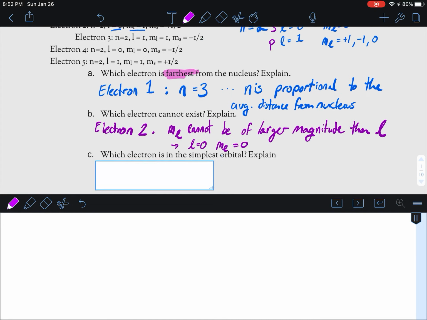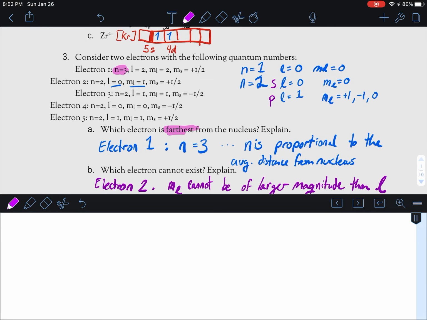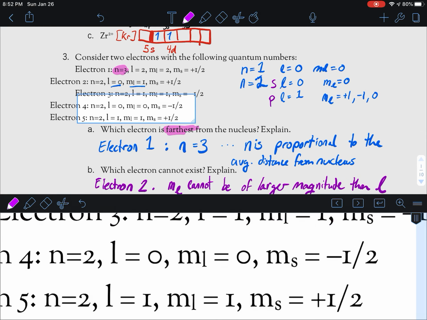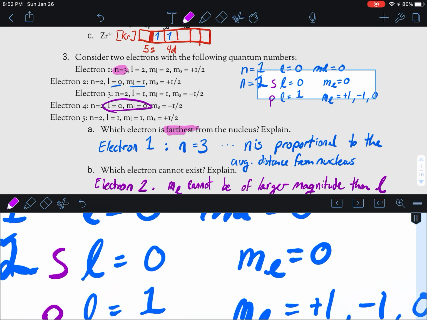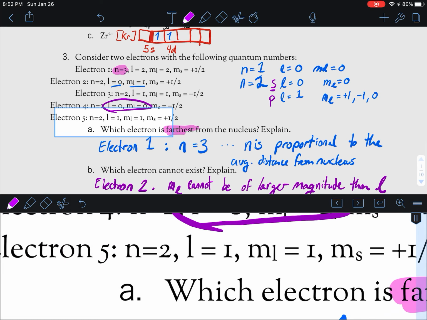Which electron is in the simplest orbital? So simple orbitals would be low L numbers and low N numbers, and particularly low ML numbers would actually be the important part. So a low L and a low ML indicate a particularly simple orbital. So right here we have L equals 0, ML equals 0. That's an s orbital. Do we have any other s orbitals?